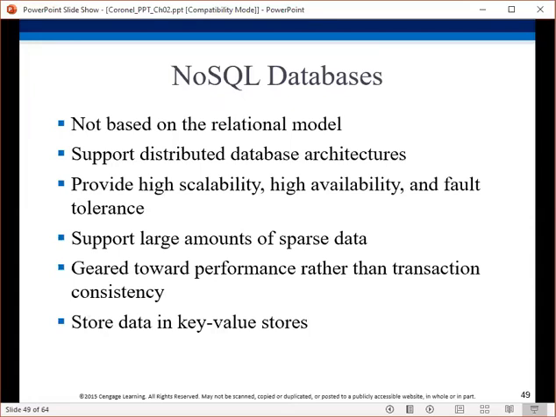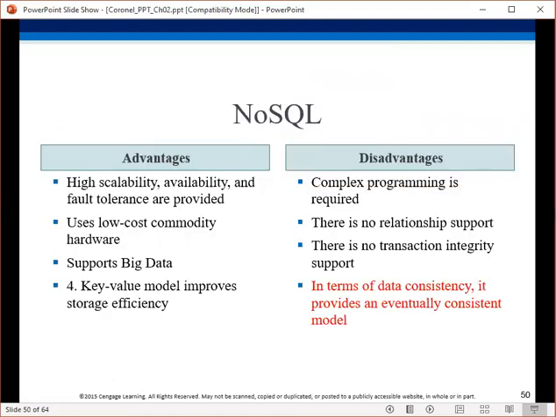NoSQL is not going to be a database you can use in many use cases, but there are use cases where it's extremely powerful. So the big thing in NoSQL, in terms of data consistency, is that it provides an eventually consistent model.